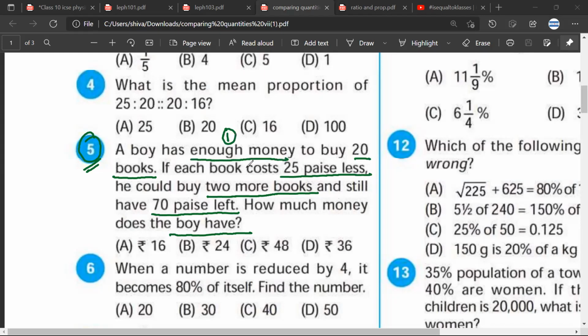The second thing is, if each book costs 25 paise less, we should remember that 100 paise is equal to 1 rupee. Mr. Satya, are we aware of this?